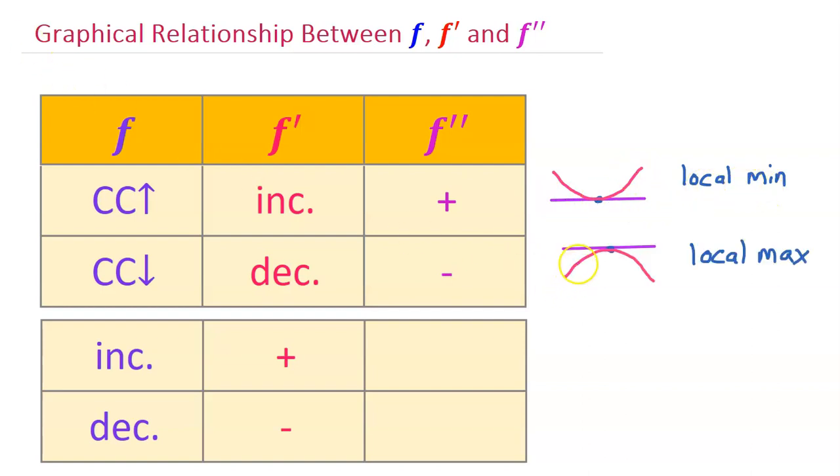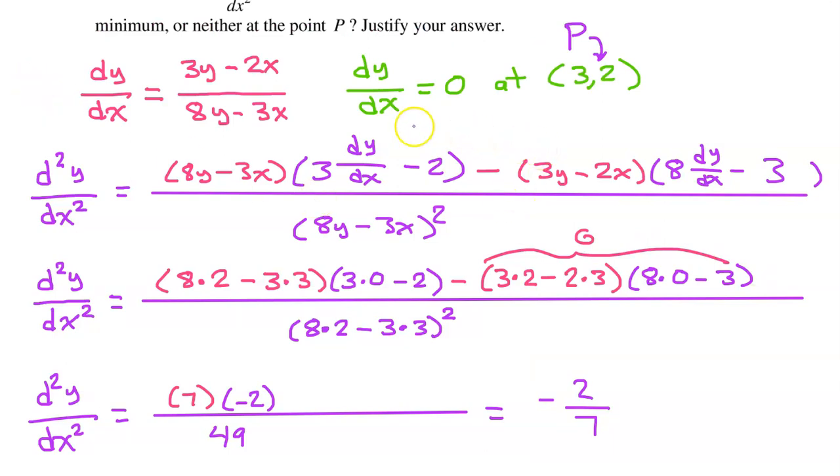If the curve is concave down, a horizontal tangent line makes the point of tangency a local max. In this case, we know there is a horizontal tangent line at the point (3, 2). So the fact that the second derivative is negative means the curve is concave down, and therefore this point of tangency is a local max.